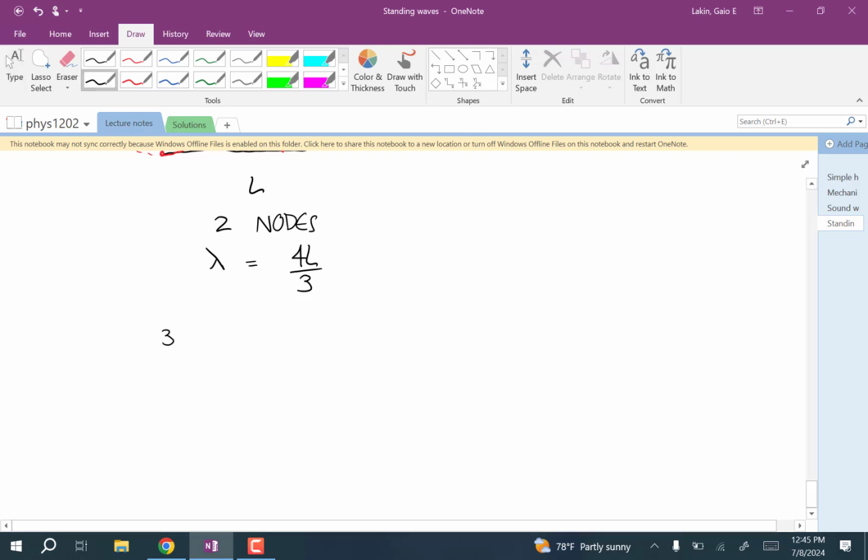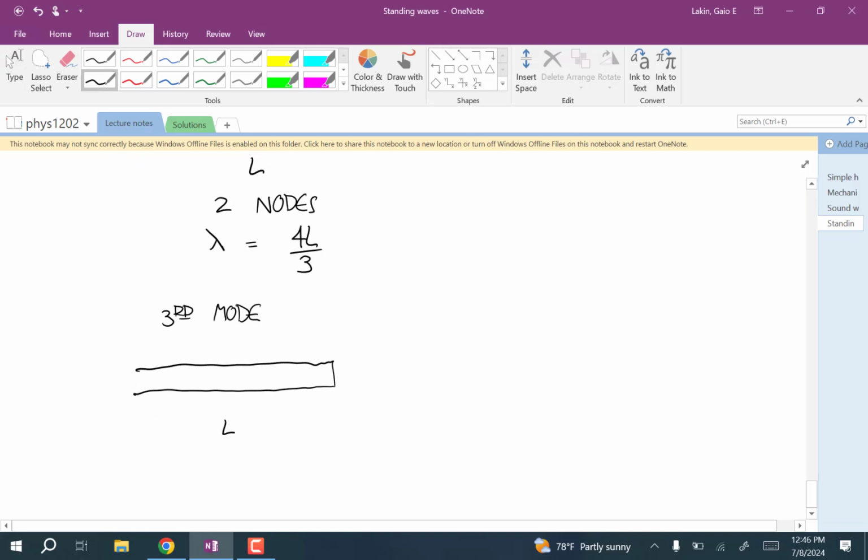And now we go to the third mode. So this is our length L. This time we're going to have 3 nodes.